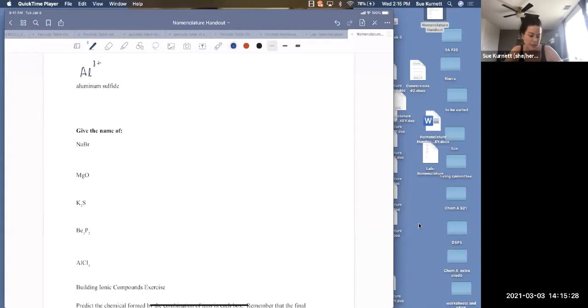Sulfur is in group 6, so it has to gain 2 electrons to be like something in group 8, which is argon. And then we want to put them together in a ratio so they add to 0. The lowest common multiple here again is 6.